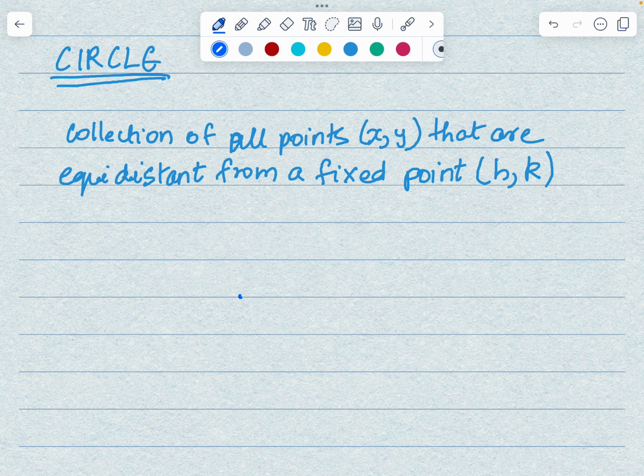What does that mean? Let's take a point h comma k. Then I draw a line to a point, and this is x comma y. I'm going to call this distance r. Now if I draw a bunch of lines, this is x1, y1, this will be x2, y2, and all the lengths are r. Every length that I draw here will be r.